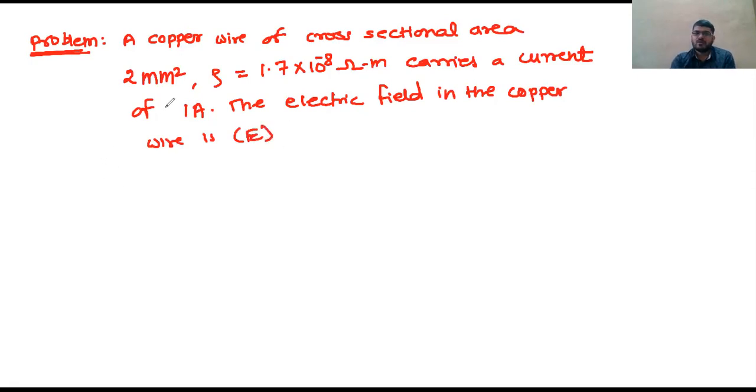So area you have, rho you have, I you have. Which formula you will use and how you will solve is your talent. Do it, and its answer also I will give you so that you will get to know.